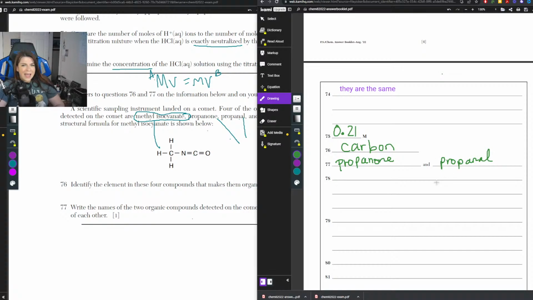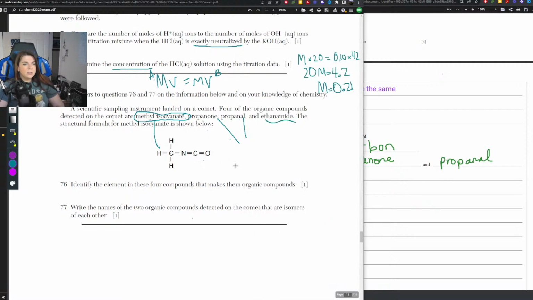Now, the propanal does not have a number in the name of the molecule, and that's confusing. But the reason is because the propanone doesn't have a number. And the reason is because propanone only has 3 carbons, and the double bond has to go not on the end. So propanone will always, always, always have that double bonded oxygen on the center.